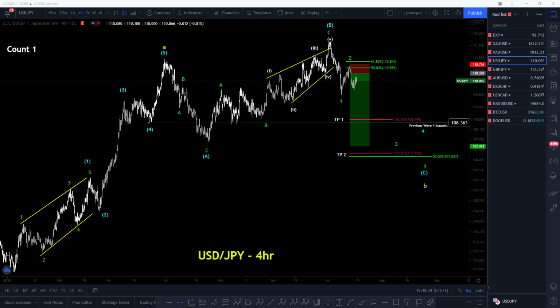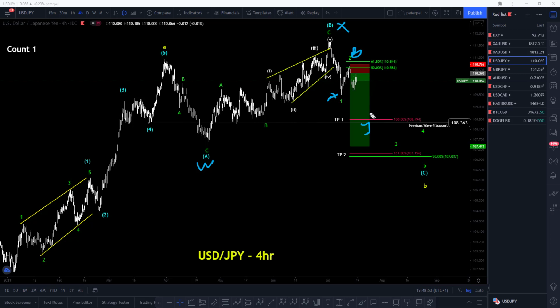So this is my 100% fib level, that is the pink line. Then I'm also looking at 108.363, that is the previous wave 4 support. And most times price finds support and resistance at the previous wave 4. So this particular zone becomes a very interesting zone for me.